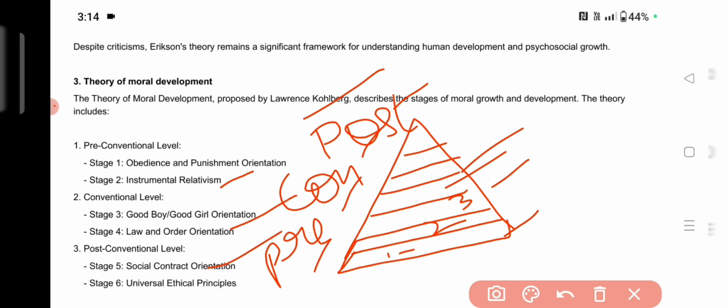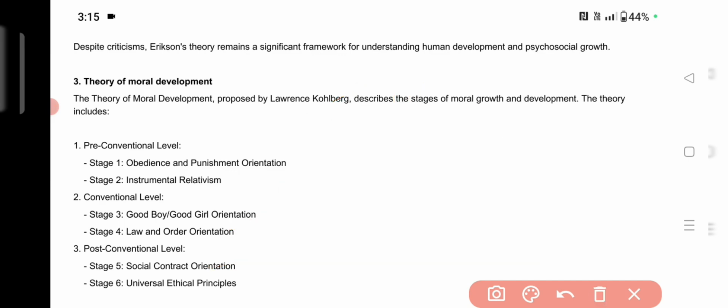Coming to the sixth stage, that is universal principle, which means universal principles like justice, equality, human rights will be valued, applying these principles consistently regardless of context, and prioritizing moral principle over other considerations. So all these six stages depend on the moral development of the individual.